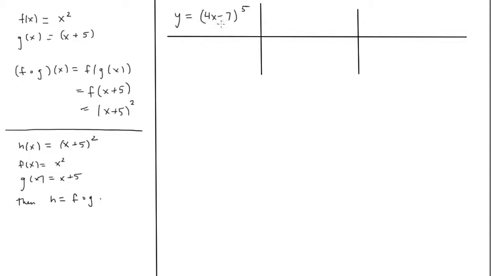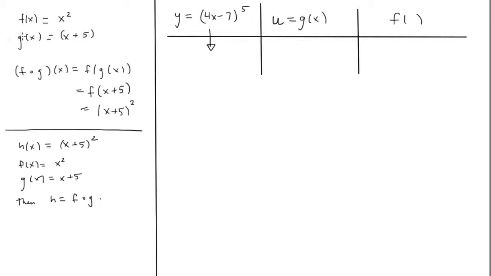In the first entry, I'm just going to have my original function, so just copy that down in here. Then I'm going to think of an inside function and an outside function. What may seem a little funny is I'm going to think of the inside function as being a thing called u.